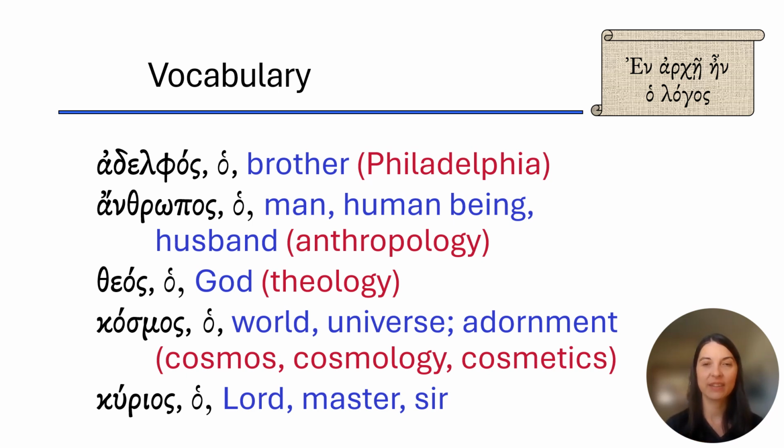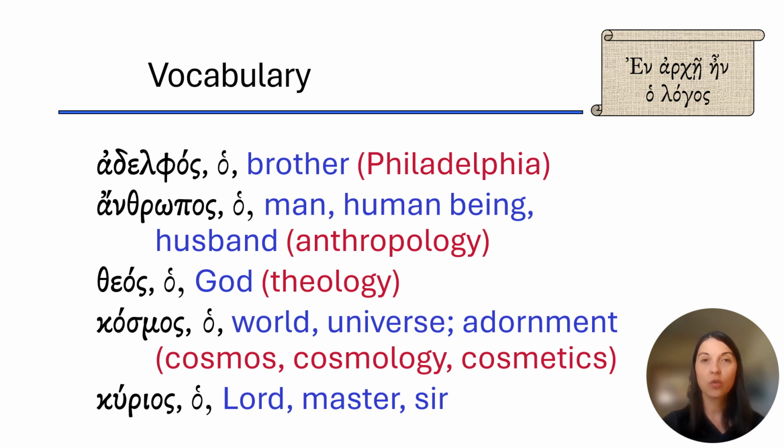Anthropology is a word that is similar. Then you have ho theos, God, theology. So this is a word that you will see all the time in the Bible. Then you have ho cosmos. This is a word that means world, universe, adornment. This is similar to our word cosmos or cosmetology or cosmetics.